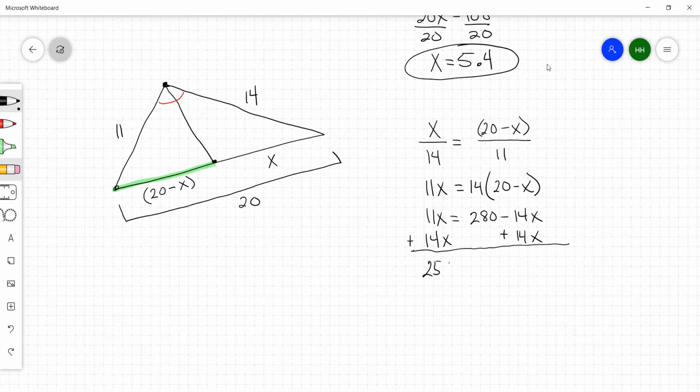And 25x equals 280. And then divide both sides by 25. So 280 divided by 25 is 11.2.